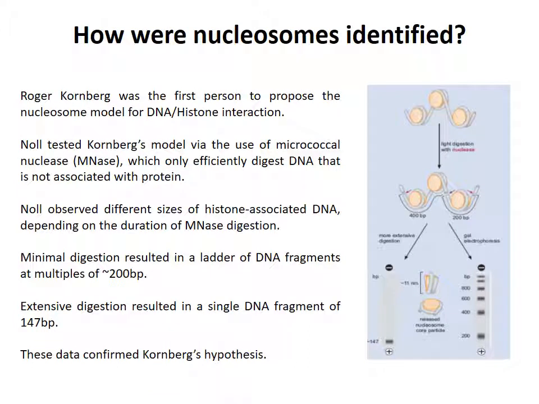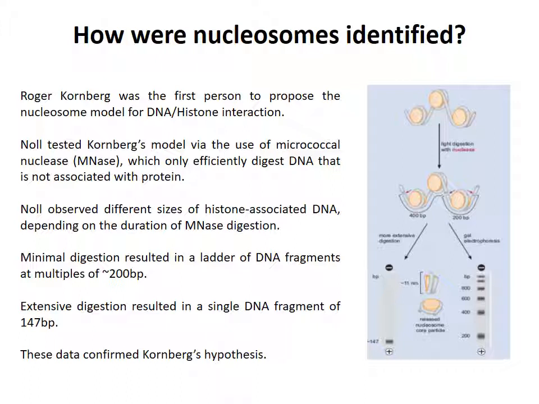So the first person to propose the nucleosome model for DNA histone interaction was Roger Kornberg. And a guy called Noll tested Kornberg's model by use of an enzyme called micrococcal nuclease, or MNase. Now, the primary property which determines whether or not micrococcal nuclease is able to degrade the DNA, to cleave the DNA to which it's bound, is whether or not that DNA itself is associated with proteins.